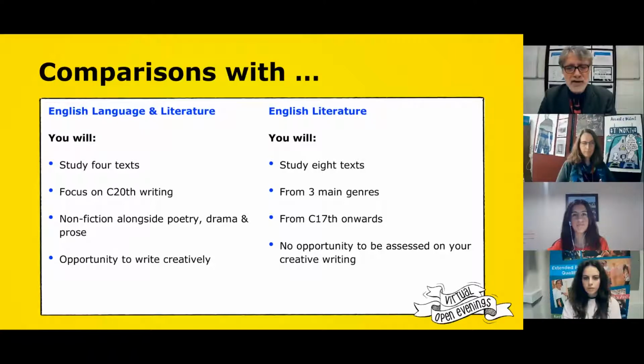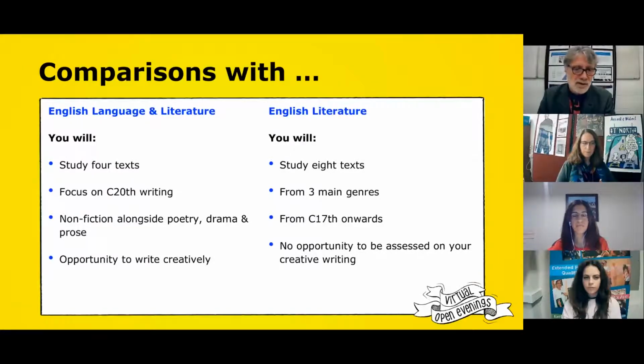So if you do English language, you're not really studying any literary texts at all. We might look at some literary examples, but we're not studying whole novels or plays or poems. Okay? So if you really wanted to study literature, then English language probably isn't the right one for you, and you'd want to look at either the combined or the single literature.